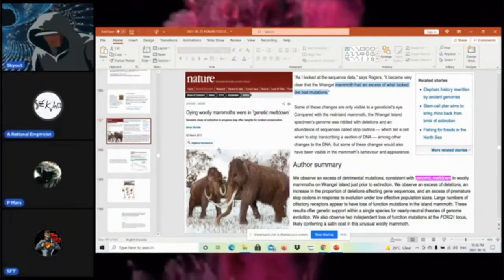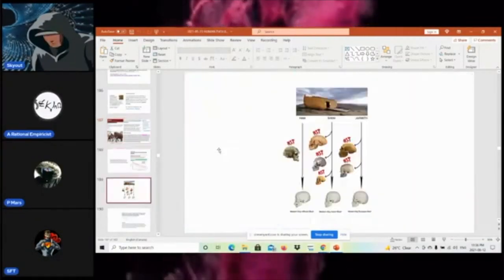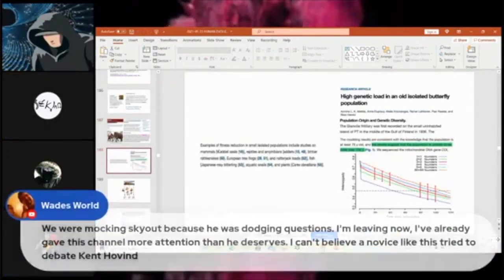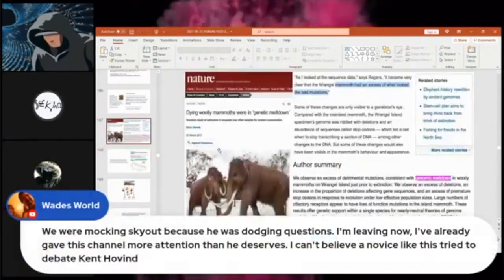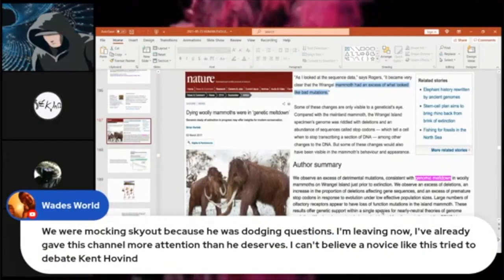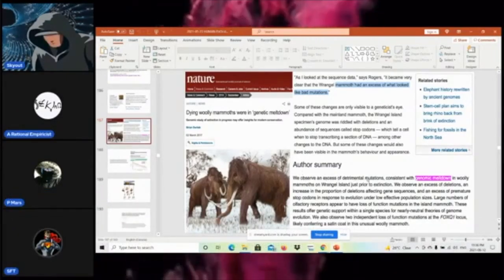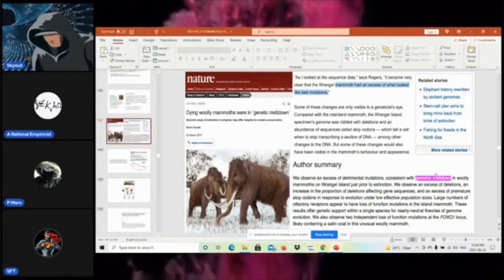Well, you mentioned that these populations are going extinct through inbreeding, for example. Right. But that's not necessarily behind the mathematics of the standard genetic entropy model according to Sanford. Well, no. So, for example, here in the Mammoth paper, we observe an excess of detrimental mutations consistent with genomic meltdown.